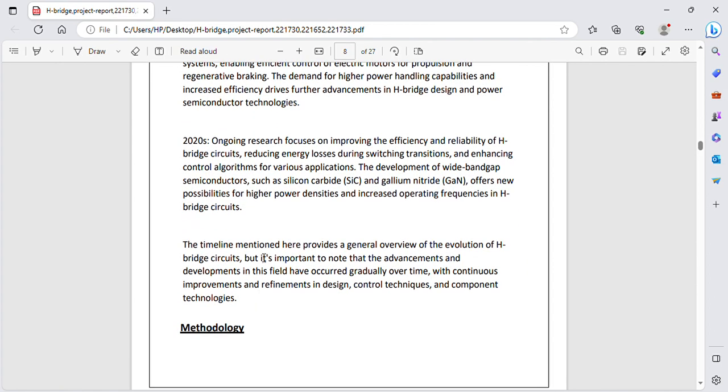The timeline mentioned here provides a general overview of the evolution of the H-bridge circuit, but it's important to note that the advancements in this field have occurred gradually over time with continuous improvement and refinement in design, control techniques and component technologies.